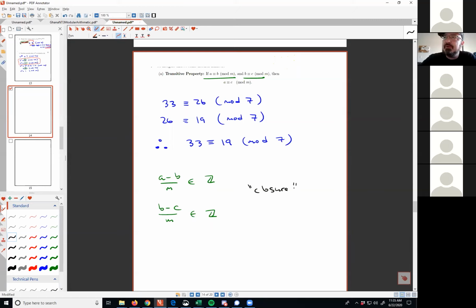Are the rational numbers closed under multiplication? They are. If you multiply a rational number A over B times a rational number C over D, you get AC over BD, and AC and BD are both integers. So that gives us a rational number by definition.